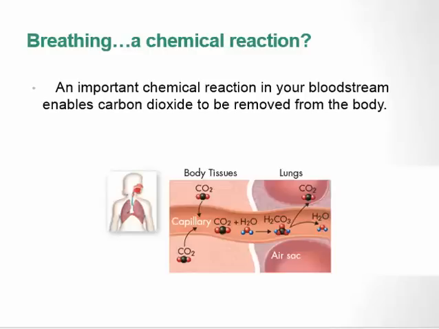Now, in your body, you will have a buildup of carbon dioxide. This carbon dioxide is one of the products of cellular respiration. Carbon dioxide is due to the breakdown of the glucose molecule, and it's in your tissues, and it needs to be excreted from your body.